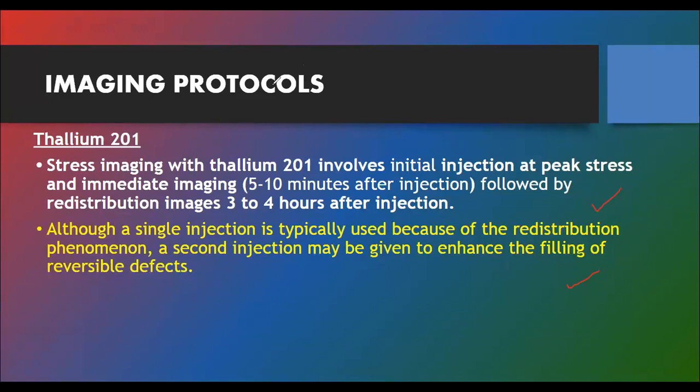And at rest, we just scan the myocardium in the resting stage. So for stress images, thallium is given as an initial injection at peak stress with immediate imaging 5 to 10 minutes after injection. Early imaging is important because, as we discussed, it is going to redistribute. Otherwise, we are not going to have a clear picture. This is followed by redistribution images 3 to 4 hours after injection.